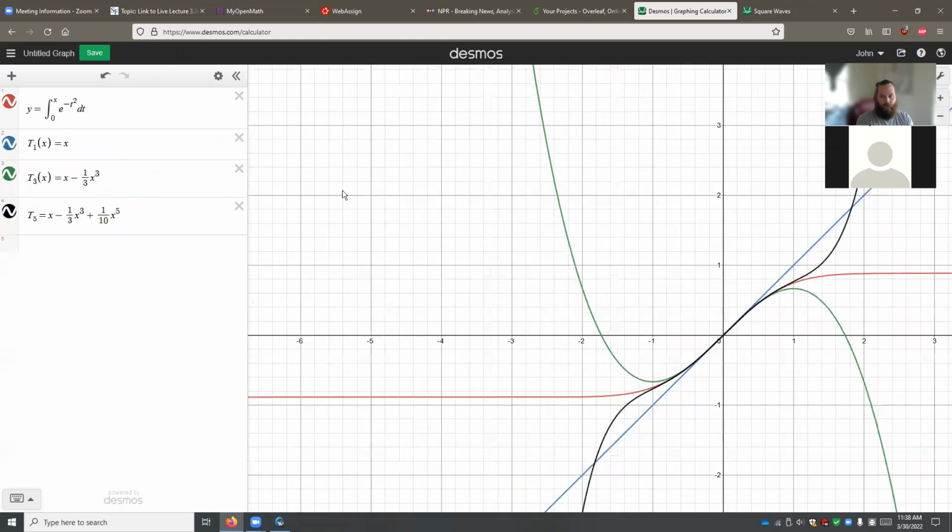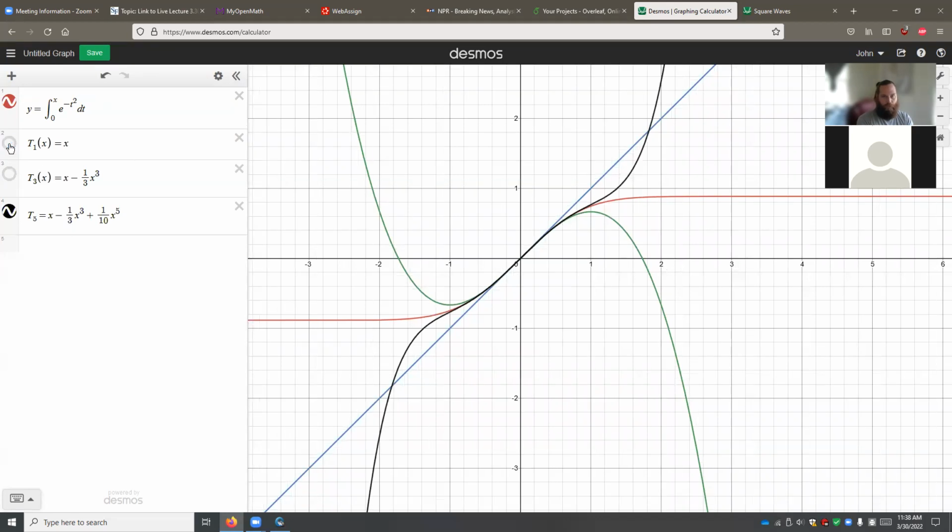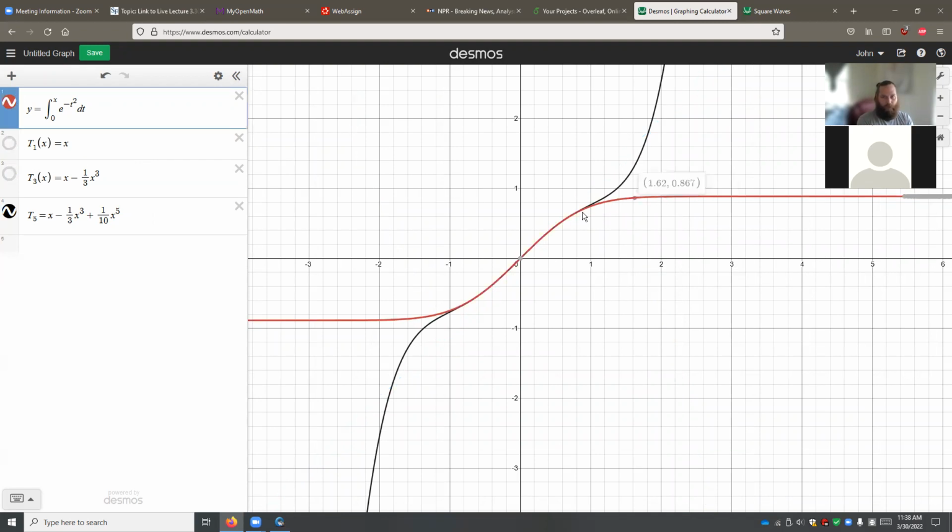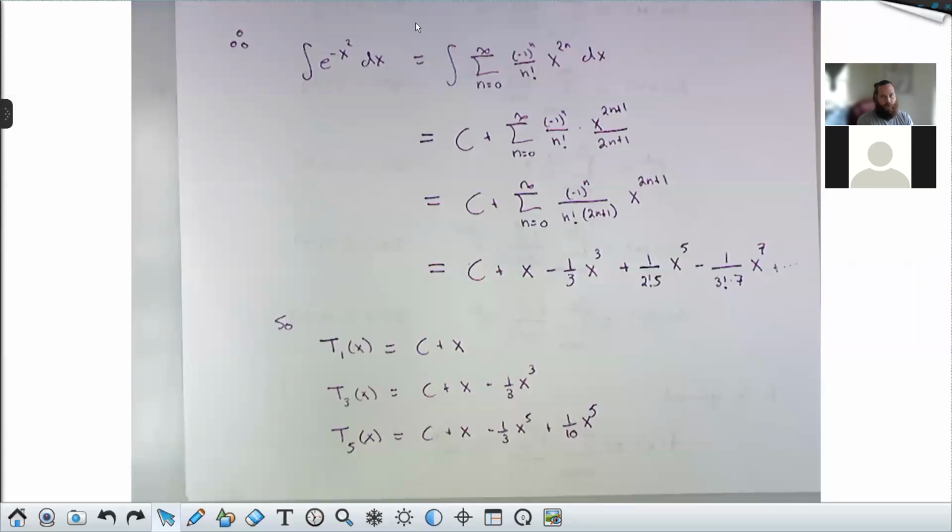And what you see is that the Taylor polynomials are doing a pretty good job. Desmos is having a hard time with this. These Taylor polynomials do a good job of approximating the red function, as long as you stay close to the center, right? The black and the red here are very, very close to each other, as long as you stay close to the center.